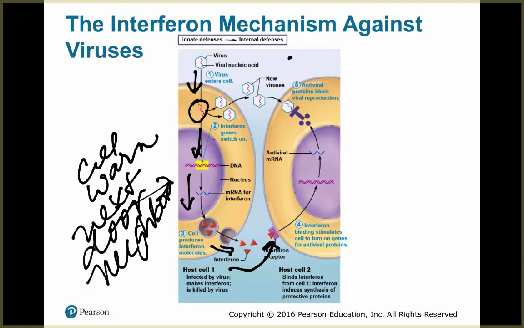And the binding is going to stimulate these genes to be turned on. And so they're going to make this antiviral RNA that will then go into making a protein. And once that protein gets made, it's going to block viral replication. So this is how interferons work to help save neighboring cells.